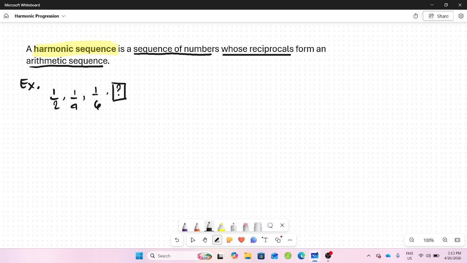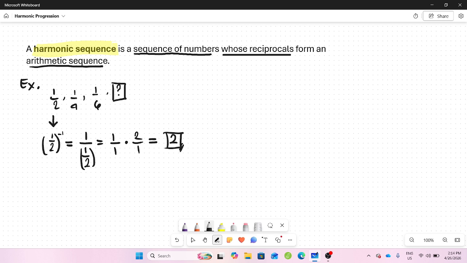Now, if we look at the reciprocal of each of the terms here, the reciprocal of 1/2 is 1 over 1/2, which gives us 1 divided by 1 times 2 over 1, that's the reciprocal, and that gives us a value of 2.